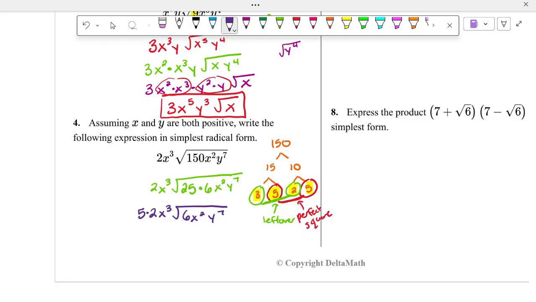Now we know the 6 can't simplify any further because we already did the numerical one. So now we're moving on to the x squared. Is x squared a perfect square? Yeah, it's an even exponent, so I can just square root it. What's the square root of x squared? X. This would be 5 times 2 times x cubed times x. And I have 6y to the 7th. Y to the 7th, how does this break down? Y to the 6th and y. What's the square root of y to the 6th?